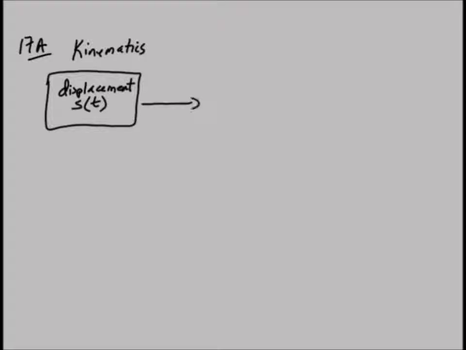If we differentiate this function, we end up with a velocity function, v of t, or derivative s of t.